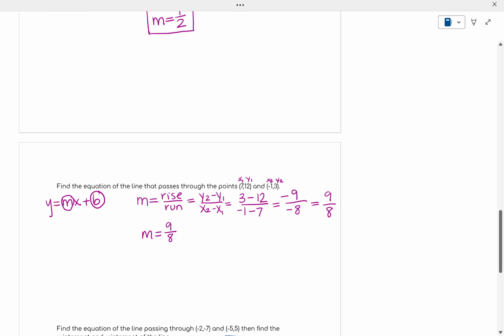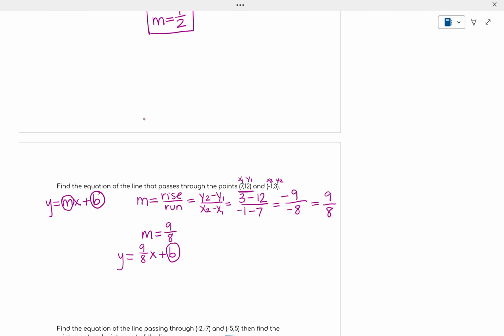So what we could do now is substitute this value of m into our equation. So y equals 9 over 8x plus b. And now we're just expected to find b. We found m, now we just have to find b. So we plug in one of our points into this equation and then solve for b. So let's choose a point, and I'll choose this point right here, 7, 12.